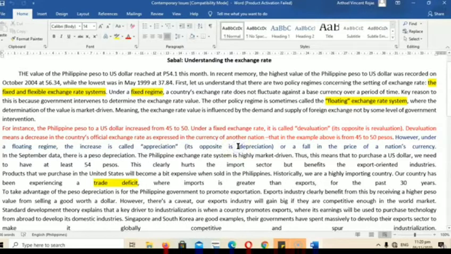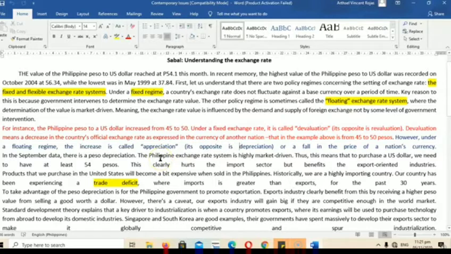They also have a similar meaning. Depreciation is the fall in the price of a nation's currency. What is our example here? In the September data, there is a peso depreciation. Meaning, the pesos that we are paying against the dollar have risen.